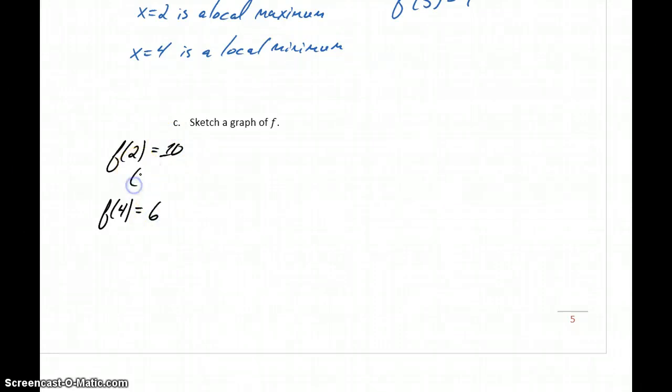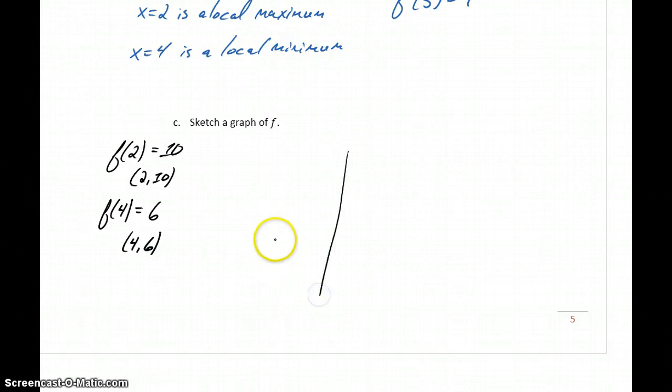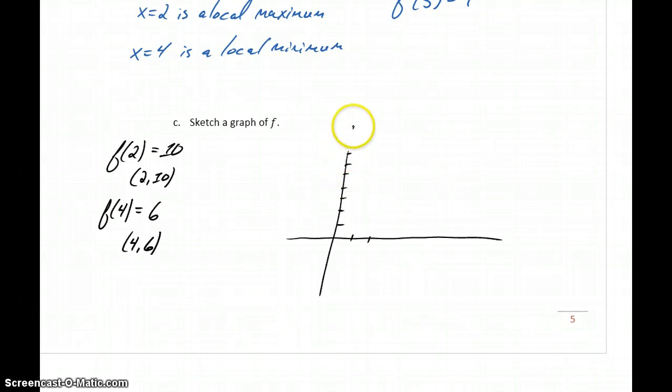So we'd want to start off by plotting the point (2, 10) and the point (4, 6). So 1, 2, 3, 4, 1, 2, 3, 4, 5, 6.